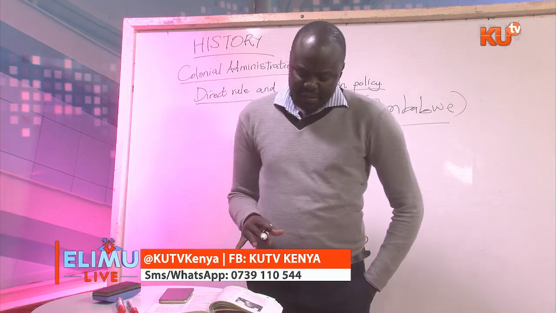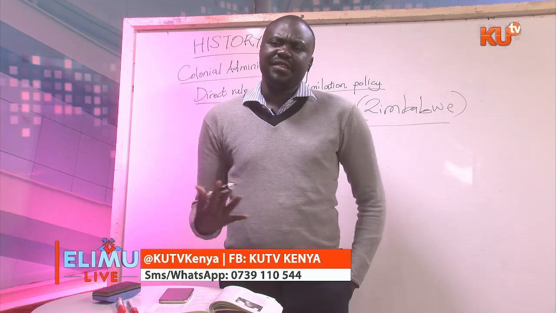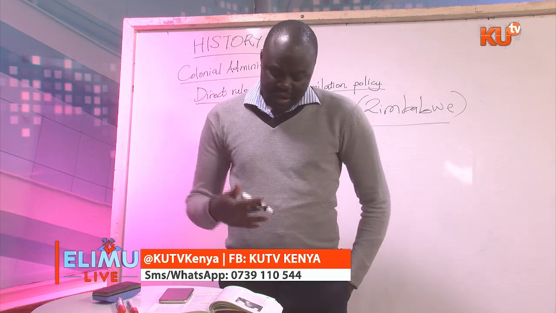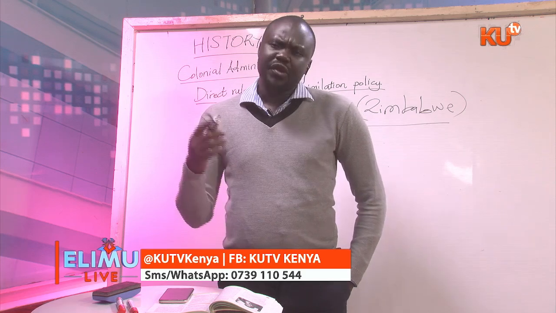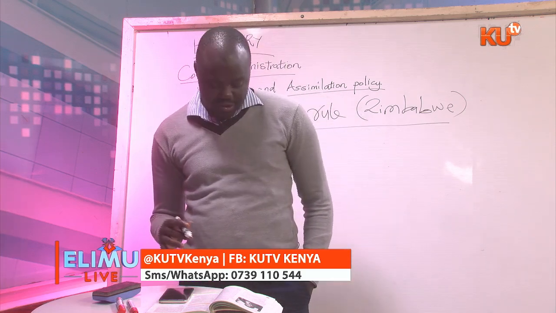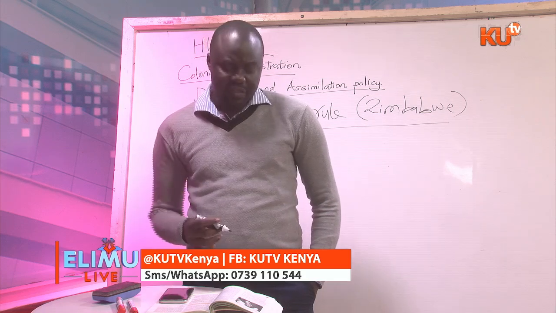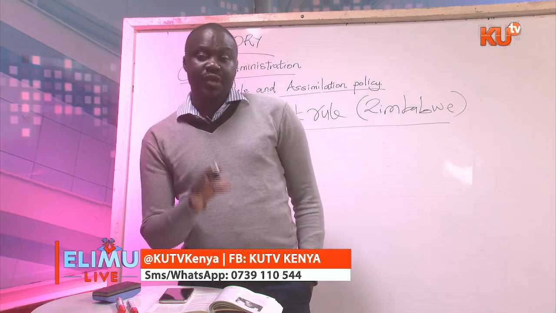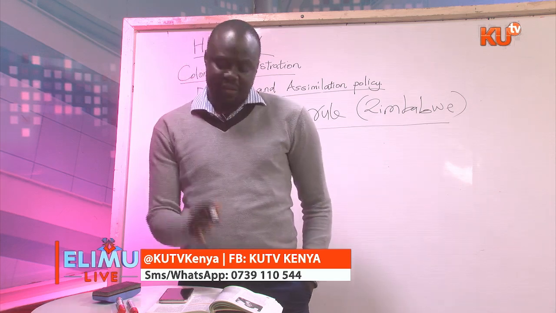Then the Native Affairs Department, which was equivalent to a district in Kenya or a district in Nigeria, both southern and northern Nigeria, was also under a white officer, as I've said. Then the districts were divided into locations, and each location was divided into sub-locations. Under here, there were sub-chiefs, and as I've told you, the sub-chiefs below were the Africans.